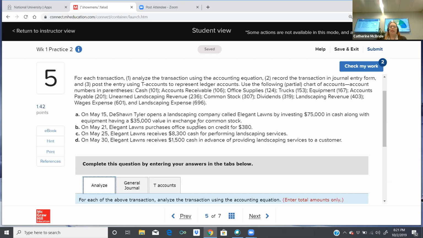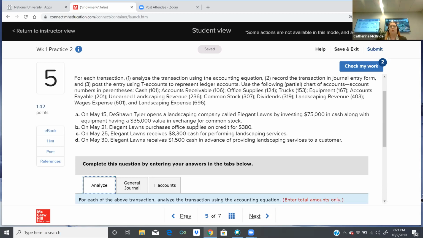What type of account is cash? Look at your resource sheet. Cash is an asset. Now, this is a new one. What type of account is unearned revenue? Unearned revenue is a liability. It's a liability because we owe something.